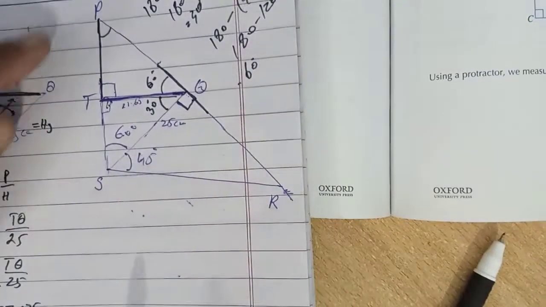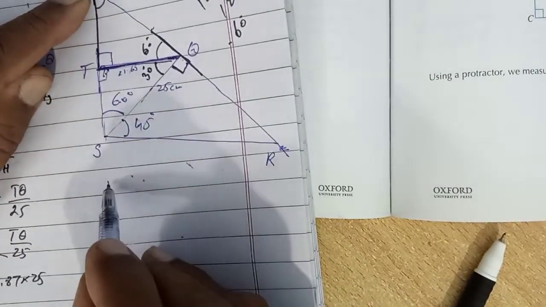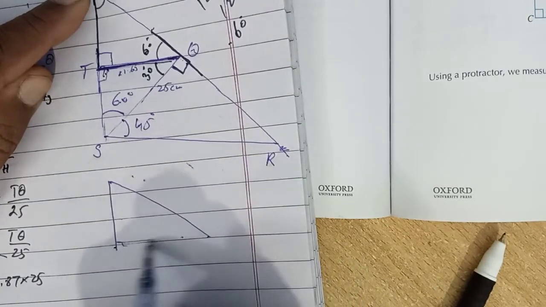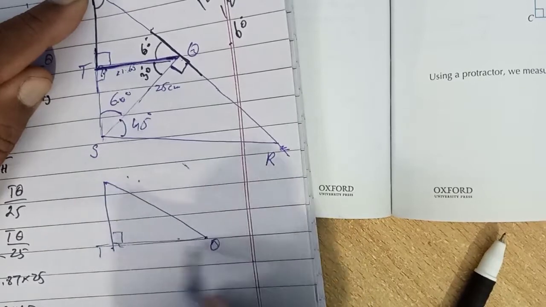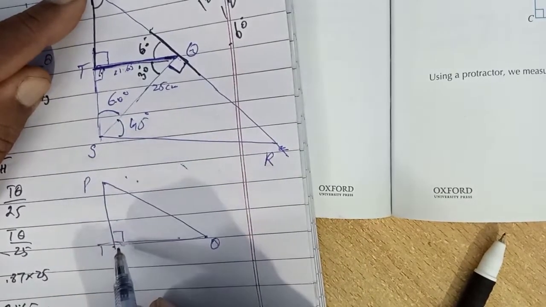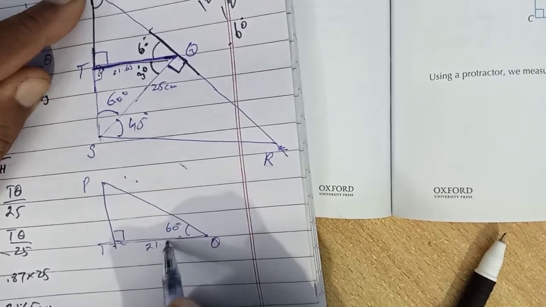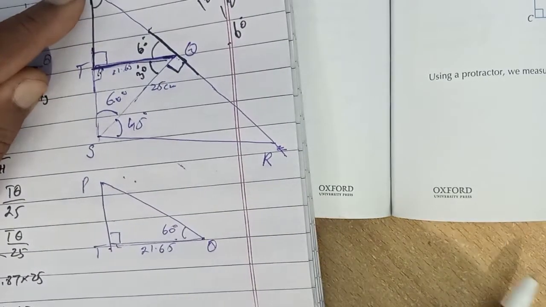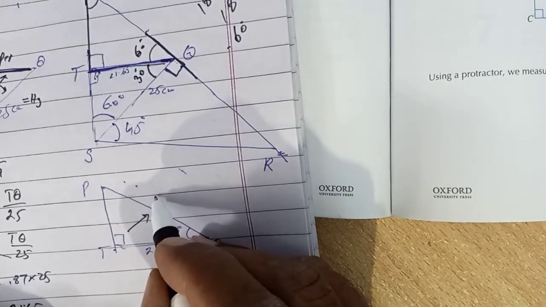If I extract this triangle and draw it over here, you know this is vertex T, this is vertex Q, this is vertex P. This angle is 60 and this side is 21.65. Now first I identify which side is the hypotenuse.